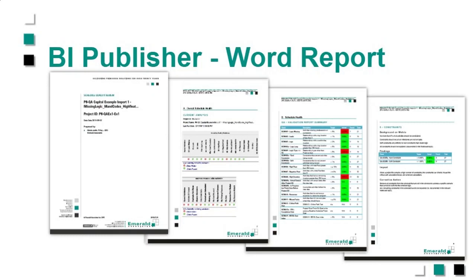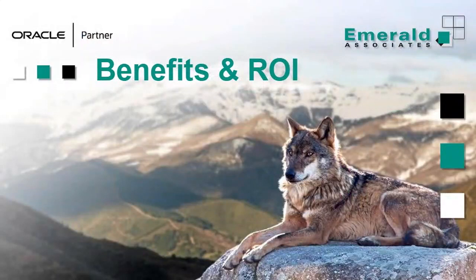You can also push reports out into a more formal manner like BI Publisher. And at the beginning, she showed you a few that come from our P6 Reporter tool out to Power BI. So there's lots of different ways to get this data out once you've run the P6-QA engine right inside of P6. So the benefits are numerous.